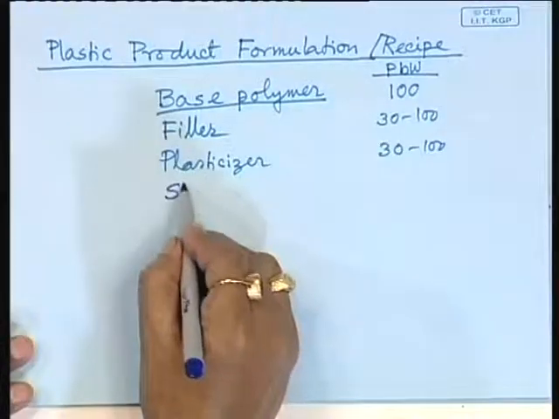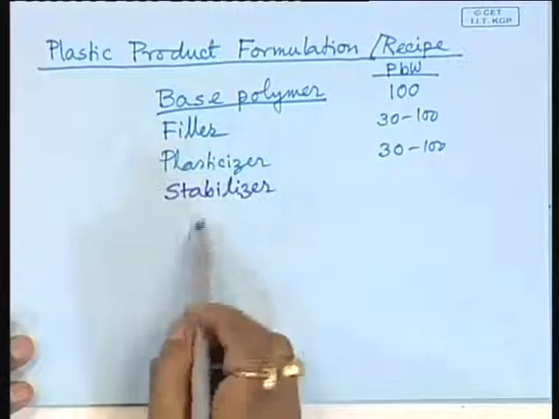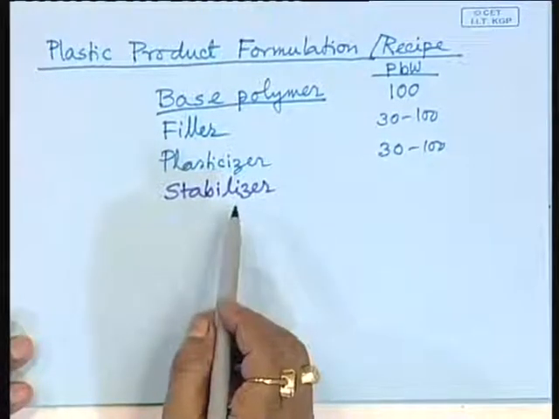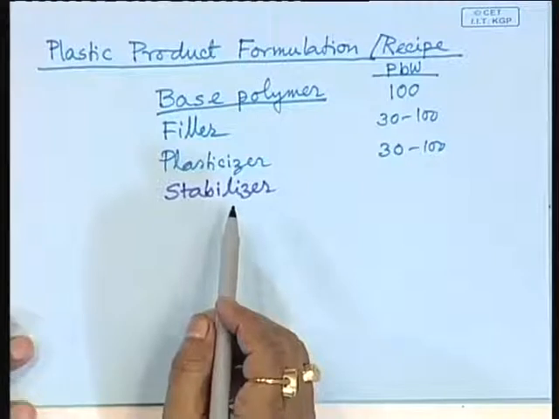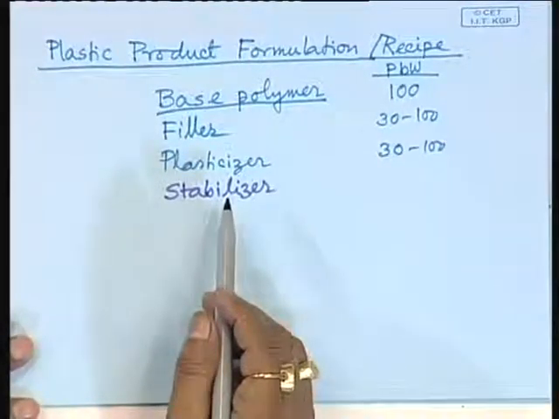Then comes the stabilizer. Stabilizer meaning is very simple. It stabilizes the product. That means it prevents degradation from various degrading agencies. What are those degrading agencies?